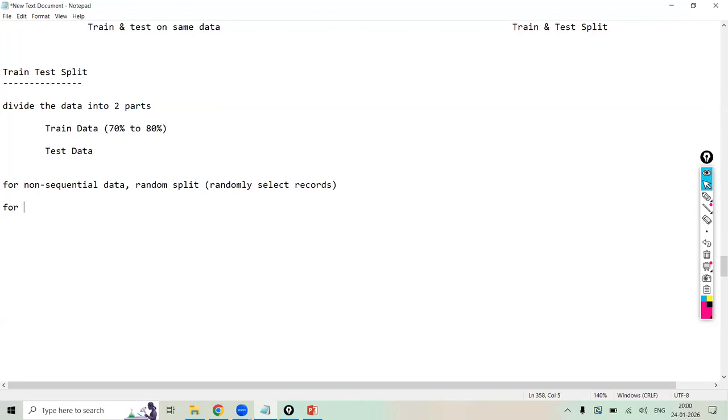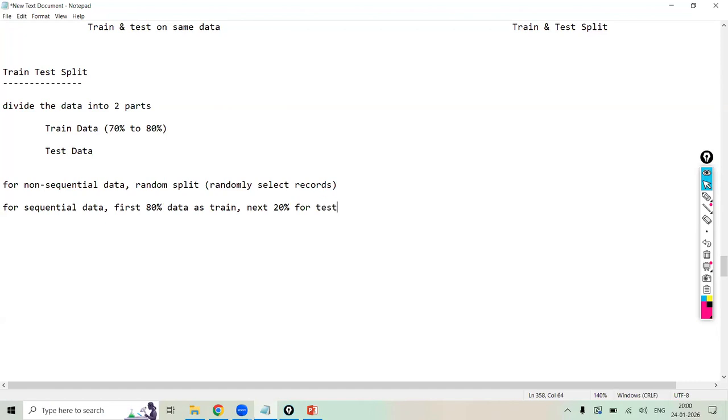For sequential data, consider that the order of the records is important. The first 80% of the data in sequential order is train, and the next 20% is for testing.